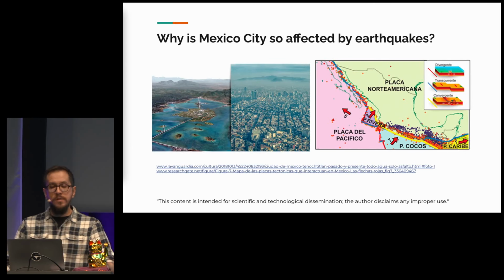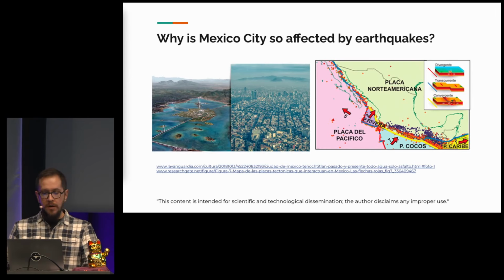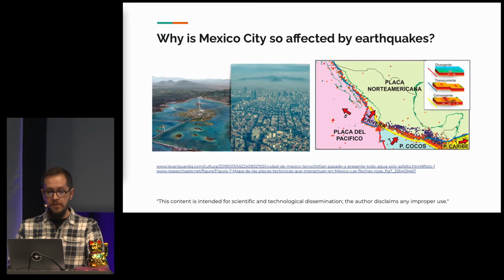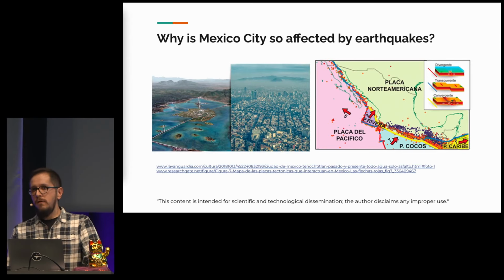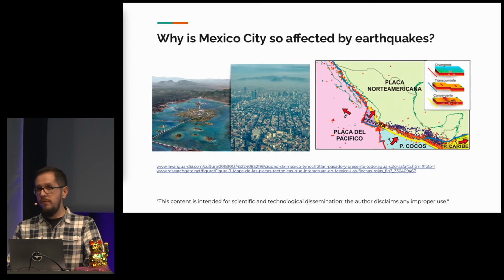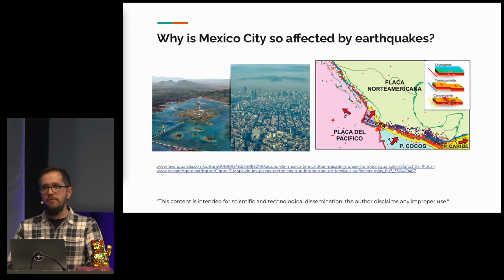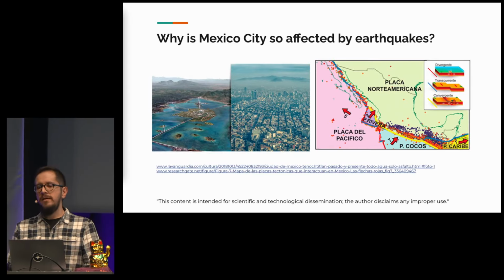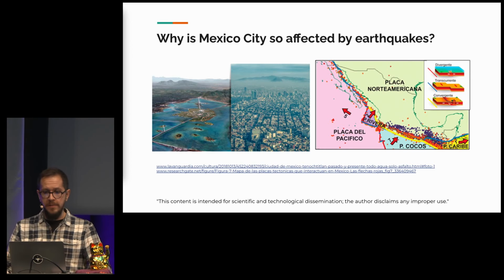So why is Mexico City so affected by earthquakes? There are 2 reasons. The first reason is on the left side of the screen. You can see a painting of Mexico City from the 16th century. It was a lake, and that lake was dried, and the city was built upon the lake. This kind of terrain amplifies the seismic waves.